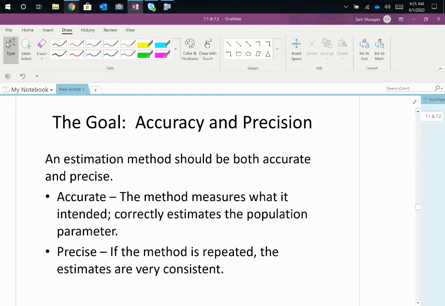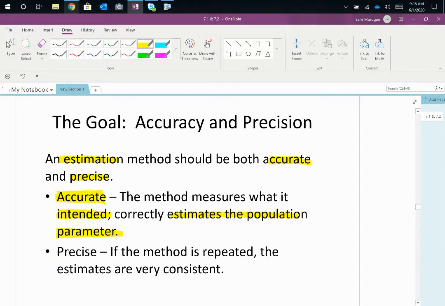Now, the goal is accuracy and precision. An estimation method, a sampling method, should be both accurate and precise. Accurate is when the method measures what it is intended to measure, correctly estimates the population parameter, okay, that the results were accurate.